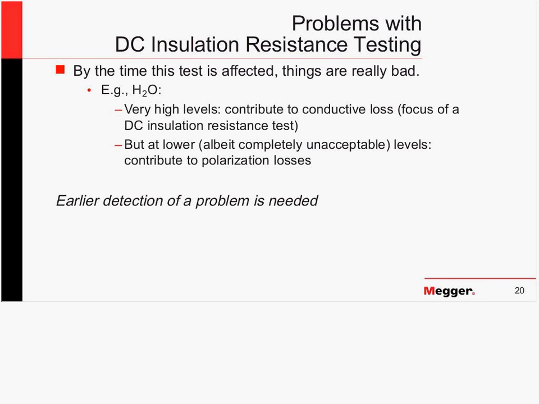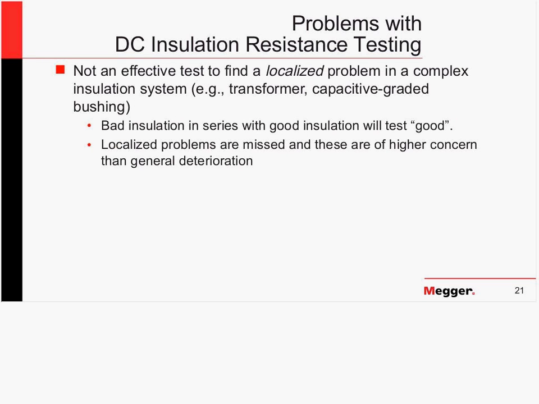Another problem with the DC insulation resistance test is specific to a complex insulation system like you'd have in a transformer or capacitor-graded bushing. It turns out that it's not an effective tool to find a localized problem.